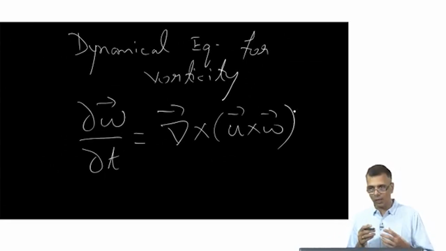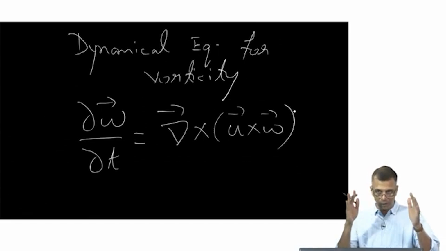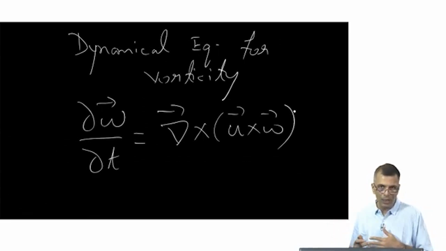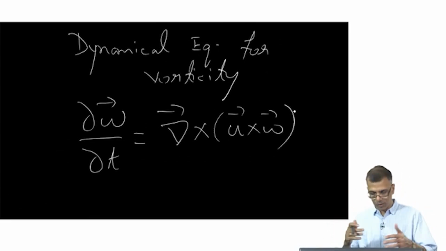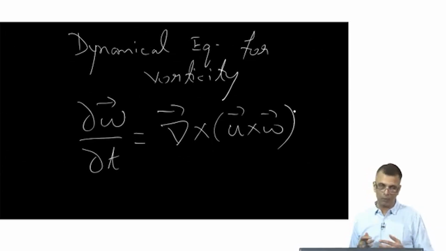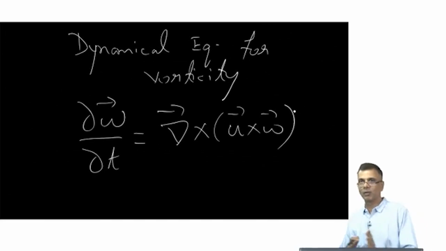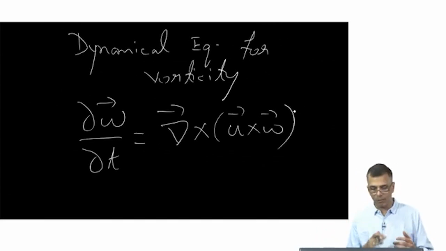So you start out with a certain distribution of vorticity in the flow for whatever reason, and this equation, with proper boundary conditions of course, completely tells you how the vorticity is going to behave as time progresses.